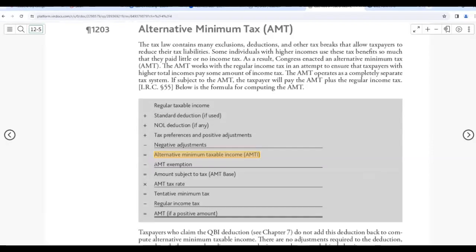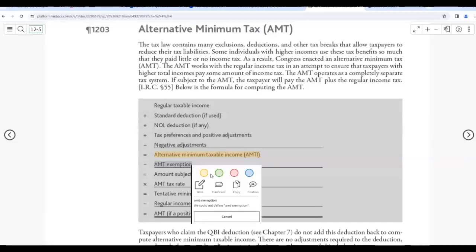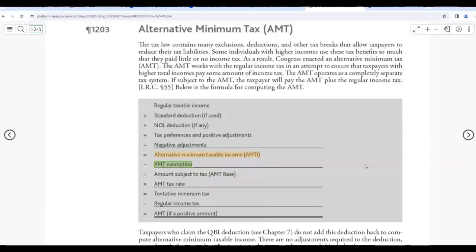And then the IRS says, because I'm so generous, I'm going to give you, remember we have a standard deduction for Form 1040, something like that. They give you an AMT exemption. I put it in green color, that means it's a good thing. They give you an AMT exemption and they say, okay, take that out as a so-called holiday gift.